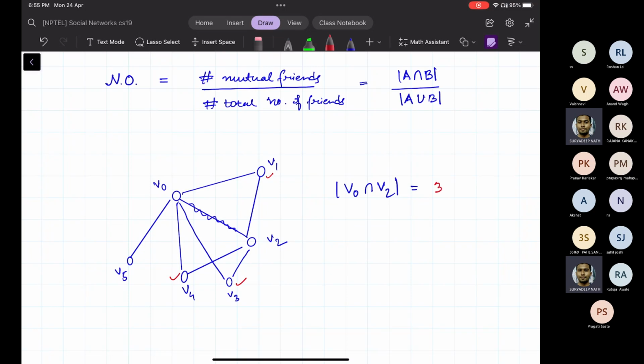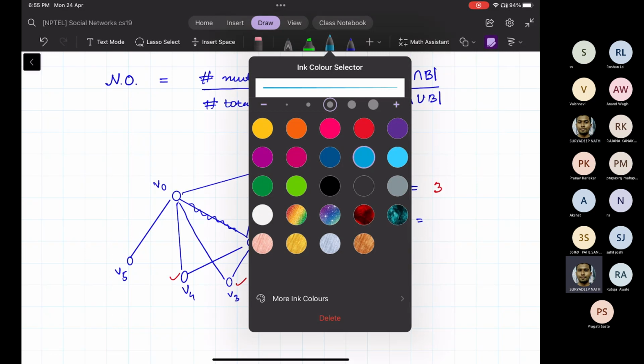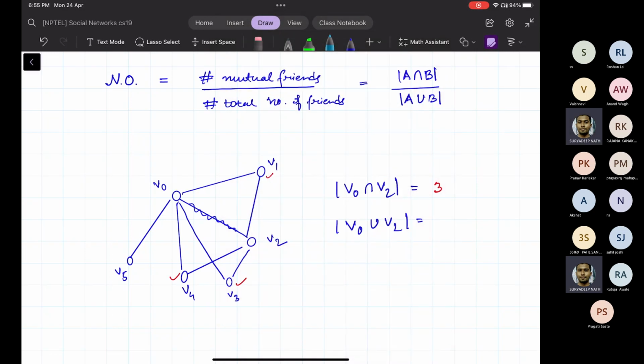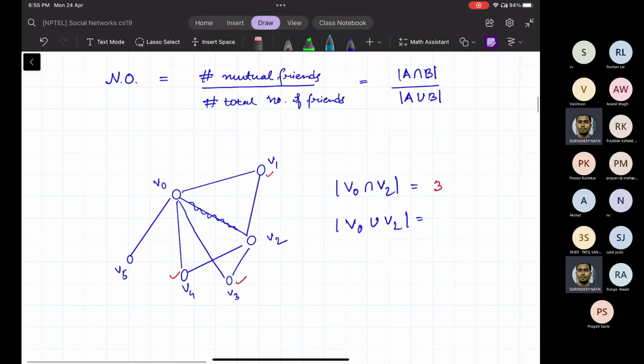So you get 3 over here. But while computing the union of V0 and V2, you consider V5, V4, V3, V1.